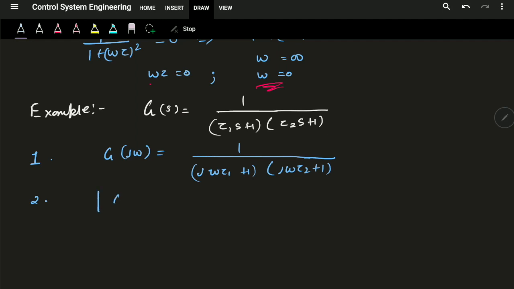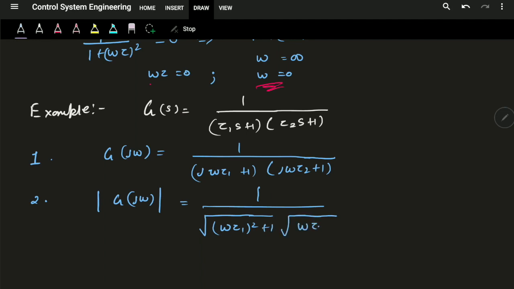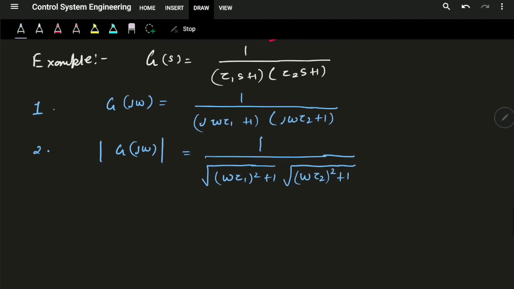The magnitude of the system will be the magnitude of G(omega) equals 1 upon the square root of (omega tau 1 whole square plus 1) times the square root of (omega tau 2 whole square plus 1), and the phase of the system will be the angle of G(omega) equals minus tan inverse omega tau 1 minus tan inverse omega tau 2.